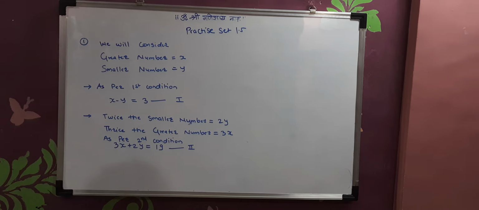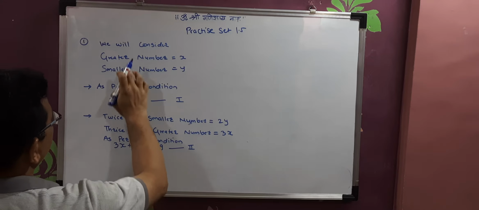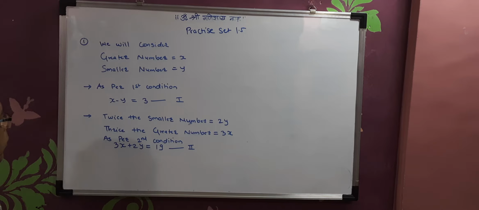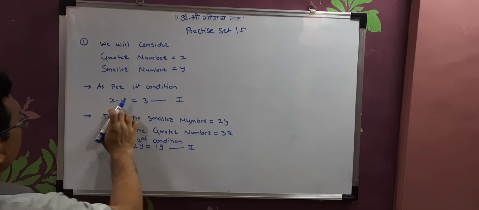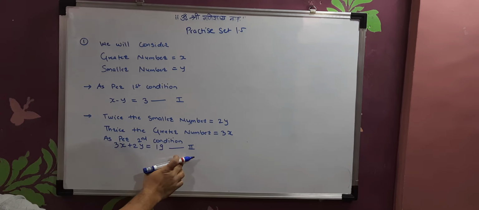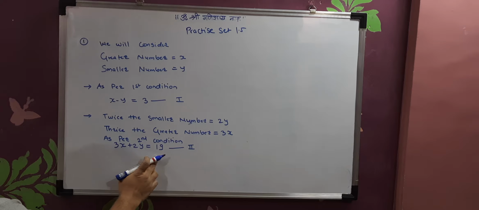Now we have got equations 1 and 2. Both of these are simultaneous equations. This is the application of simultaneous equations. From this we have to calculate the value of x and y, which are nothing but the greater number and the smaller number. In the first equation x minus y is equal to 3, and in the second equation 3x plus 2y is equal to 19.